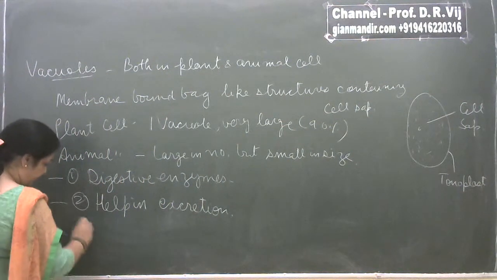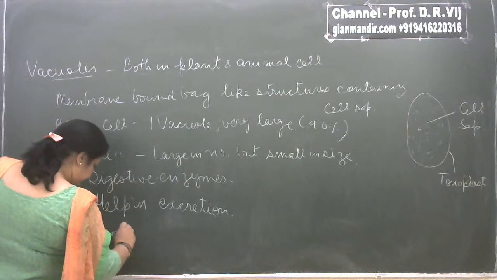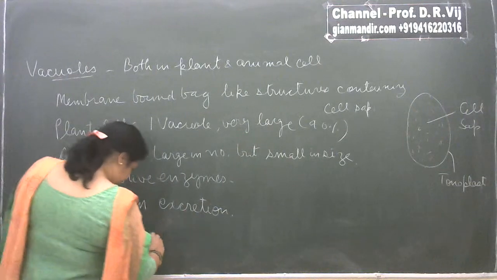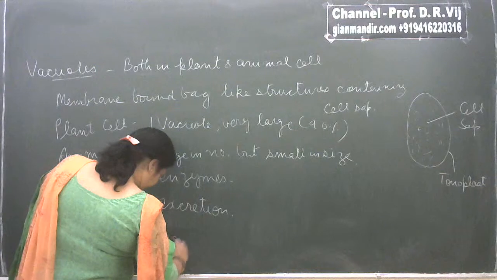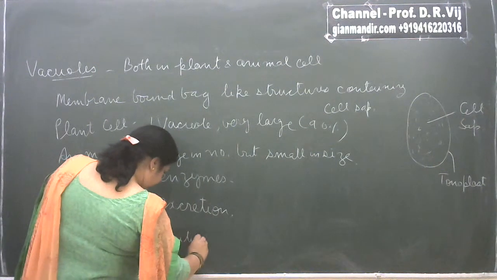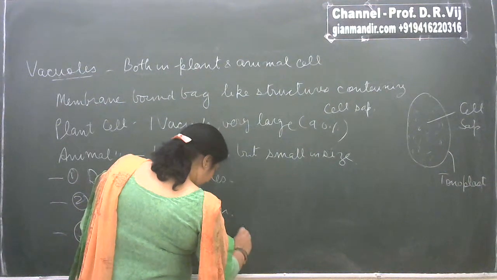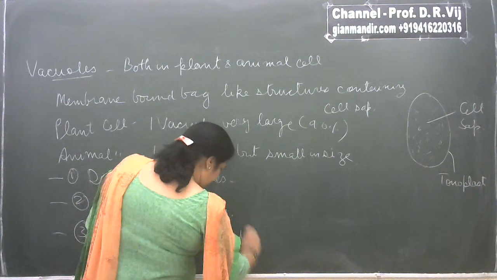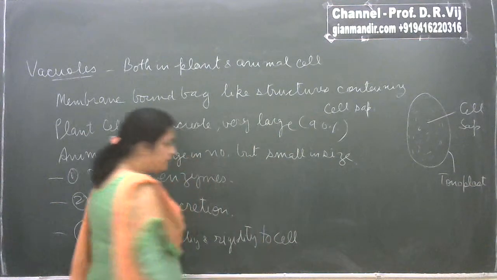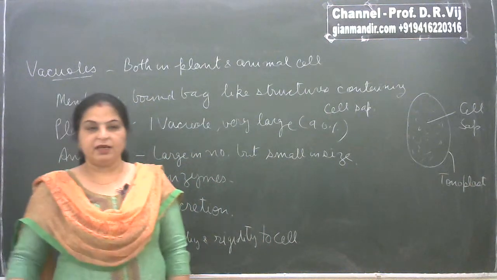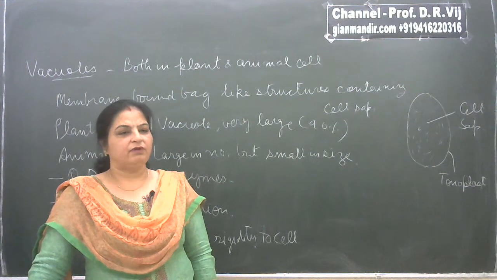And another important function of these vacuoles is that they provide turgidity and rigidity to the cell. So they provide a specific shape, and the turgidity is provided by the presence of vacuoles.